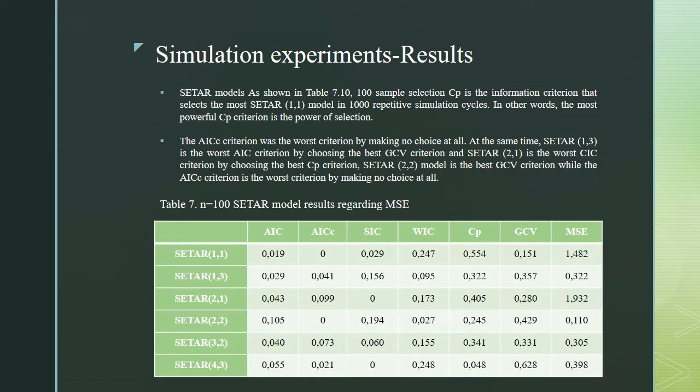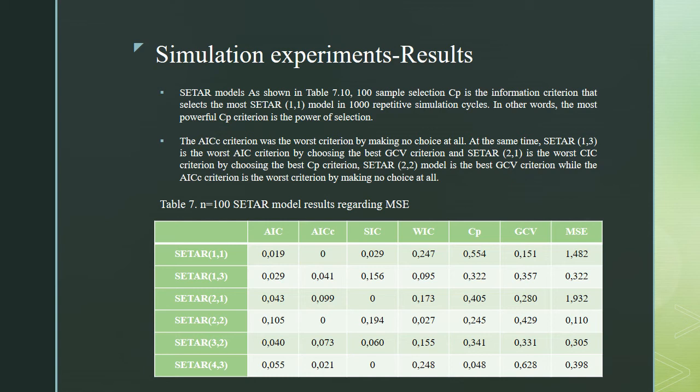Satire models, as shown in table 7, 100 simple selection CP is the information criterion that selects the most Satire 1 model in 1000 repetitive simulation cycles. In other words, the most powerful criterion is the CP criterion in terms of selection. The AKK information criterion was the worst criterion by making no choice at all.